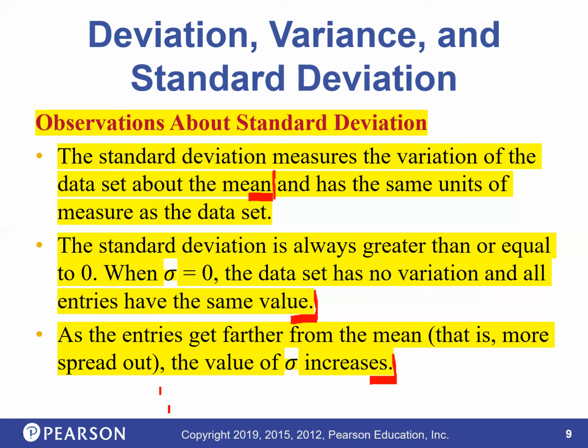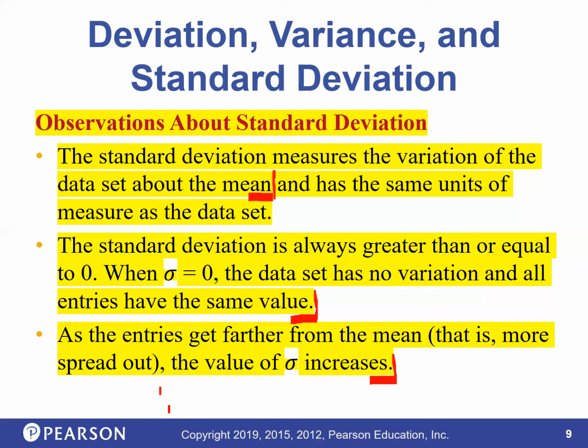Next thing, if the standard deviation equals 0, what does a standard deviation equal to 0 mean? All the data points have no variation, they're exactly the same. It's 5, 5, 5, 5, 5, 5, 5. That's it.